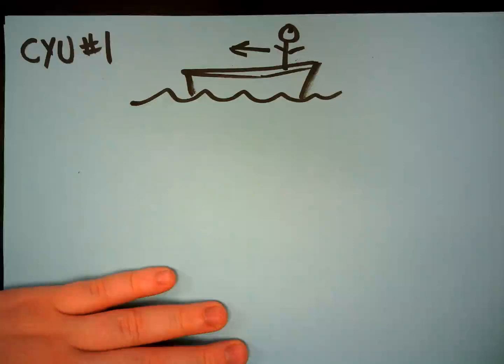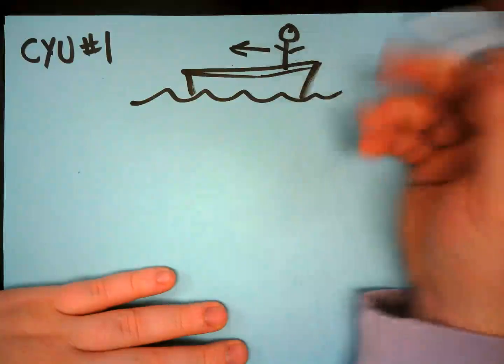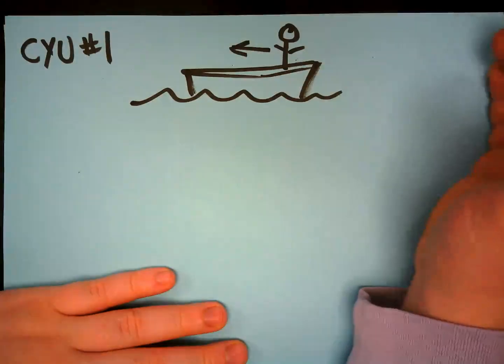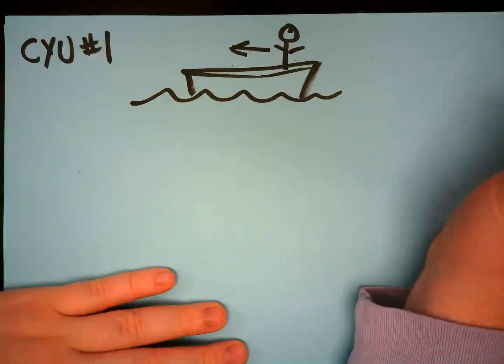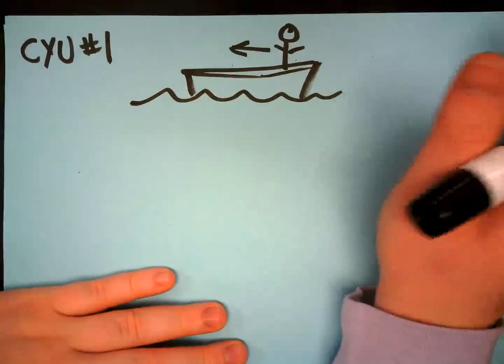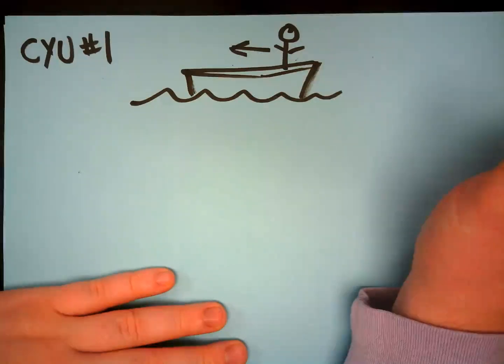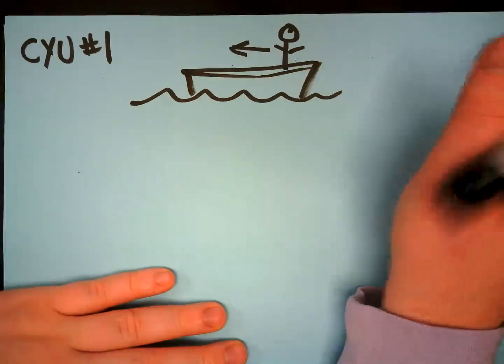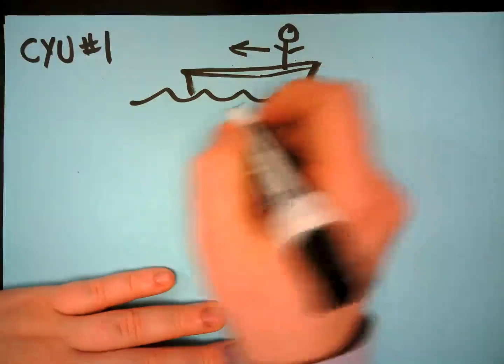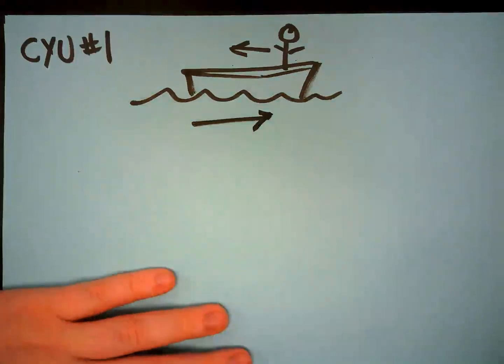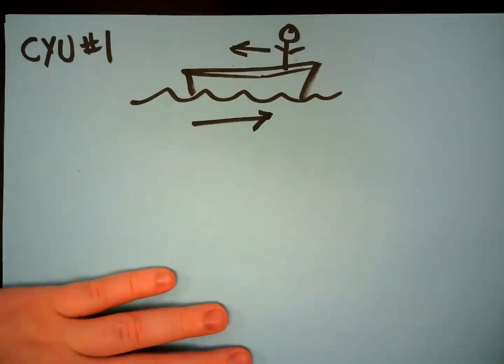And if you've ever stood up in a canoe or a raft or a boat, like a small, flat bottom rowboat, once you start moving in one direction, what we should expect is the boat moving in the opposite direction. That's what we should expect.